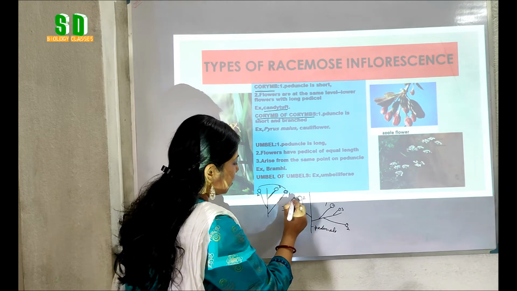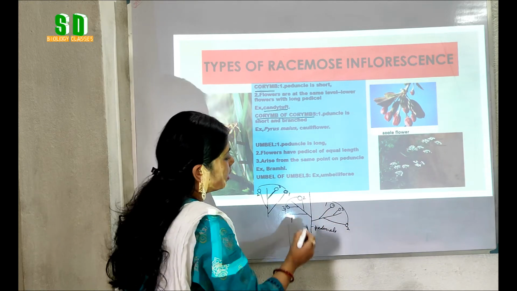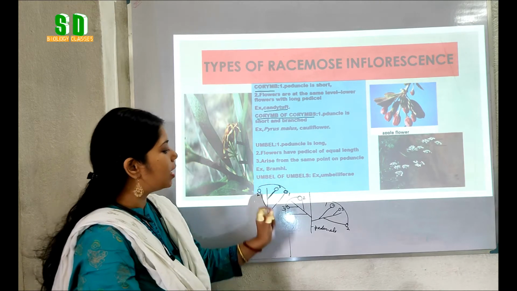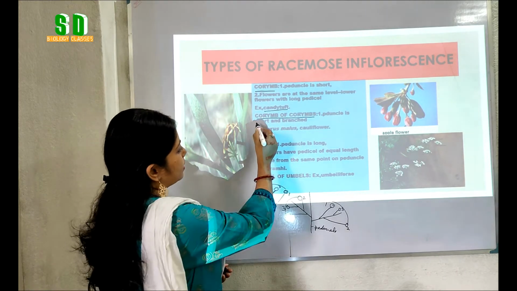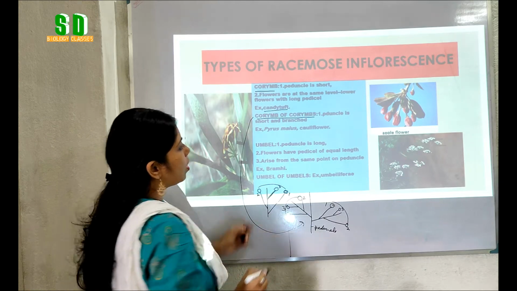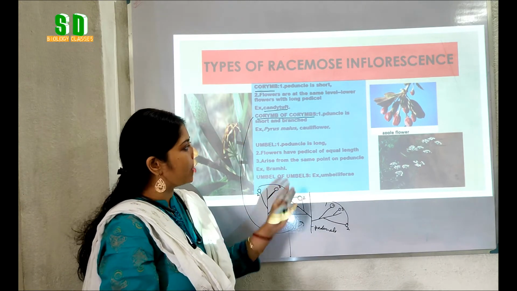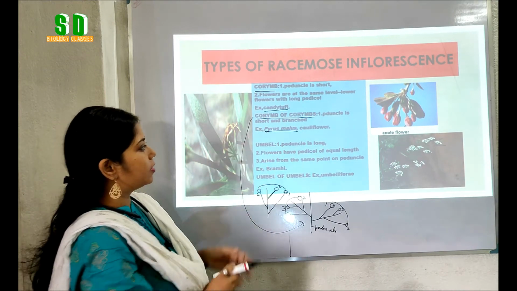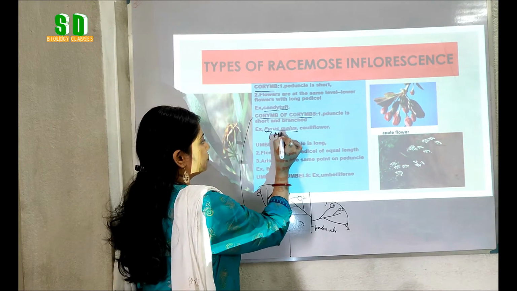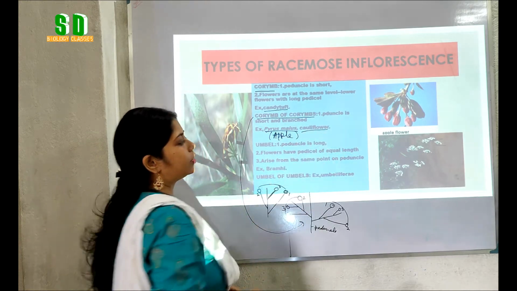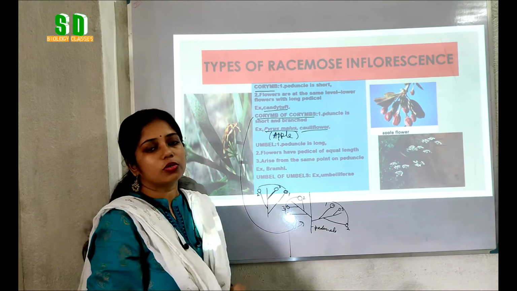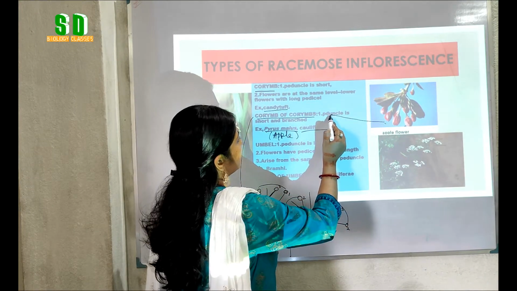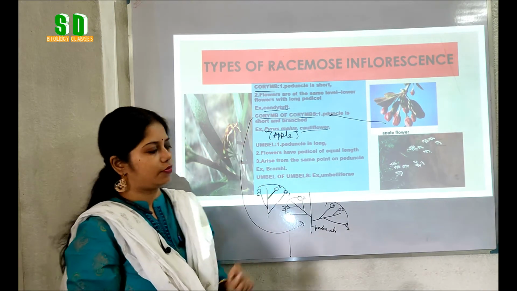So all flowers are almost at the same level, and here we are getting the branch of the main peduncle. This type of inflorescence is called corymb of corymbs or compound corymb, which we can see in Pyrus malus, the scientific name of apple, and also in cauliflower. This is the example of the apple flower, where we can see the corymb of corymbs type of inflorescence.